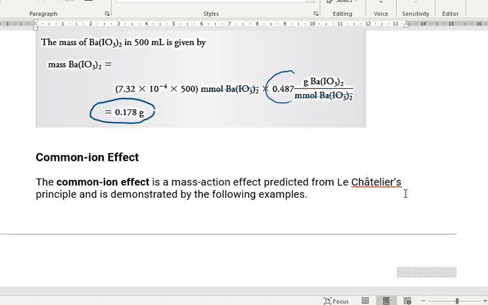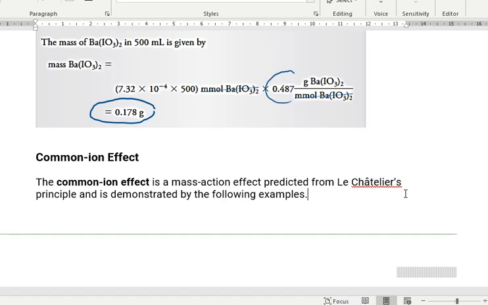That's all, right? So the solubility product constant in the appendix, we can use it to compute for the solubility of that salt. So, how much salt is dissolved in solution. Okay?